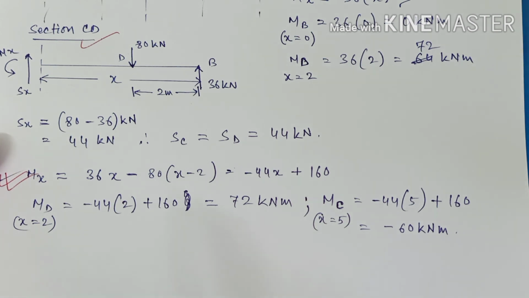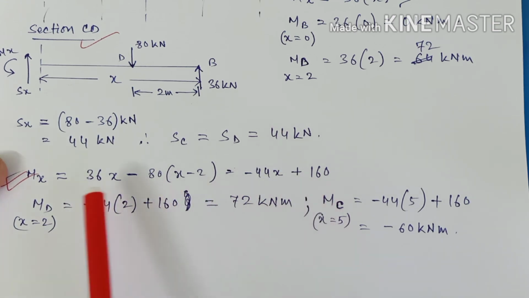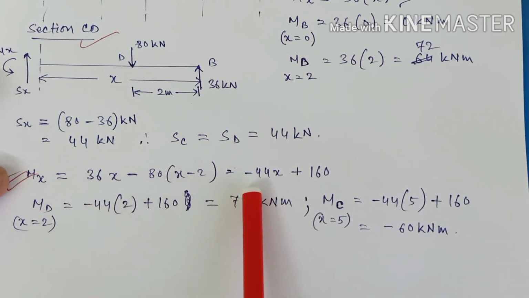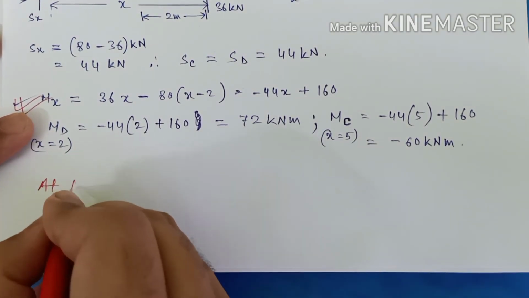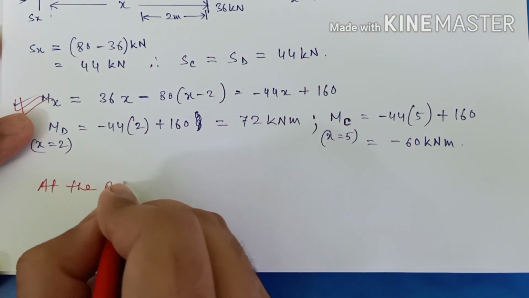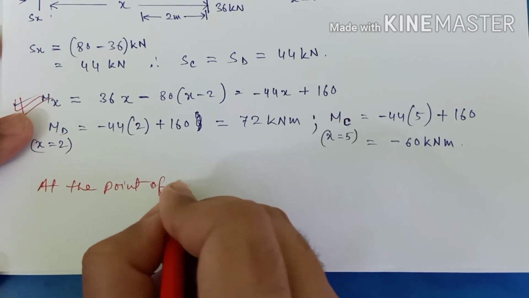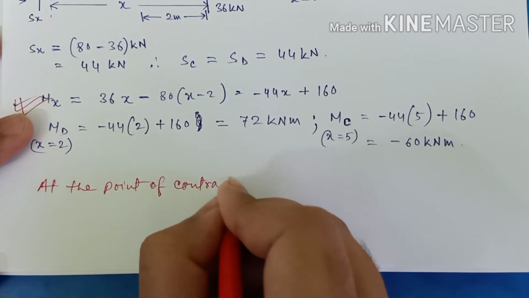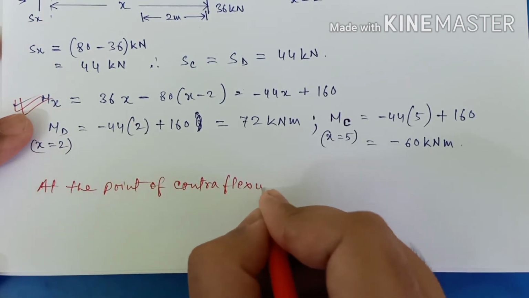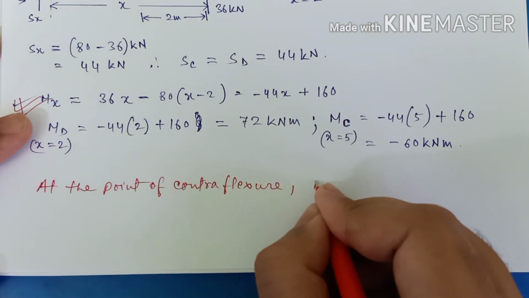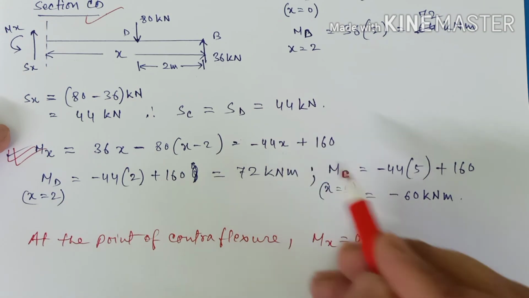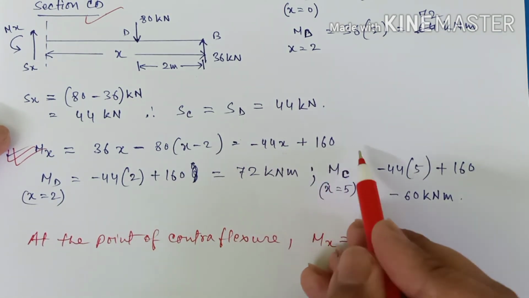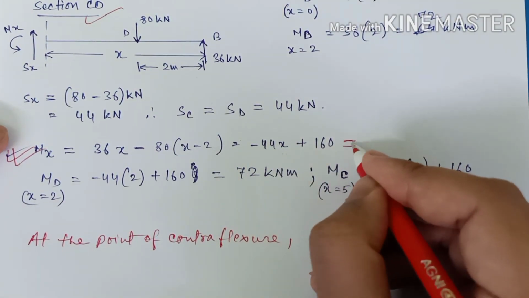For finding the value of x, we will equate this, because at the point of contraflexure the bending moment becomes 0. So to find the value of x, we can just equate this equation with 0.